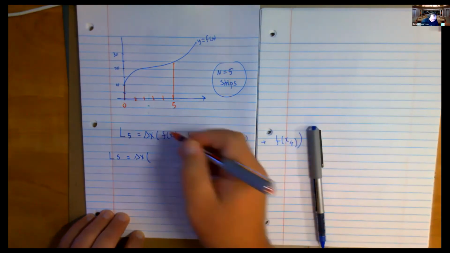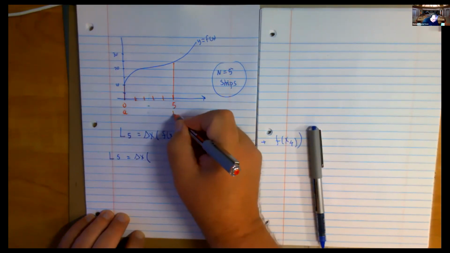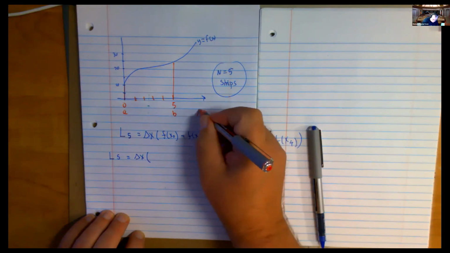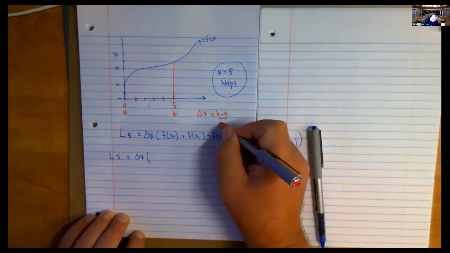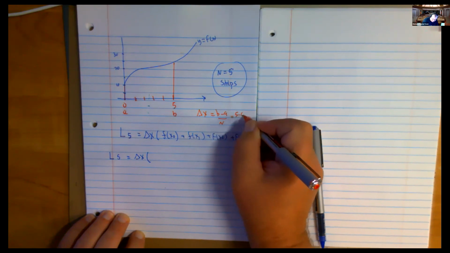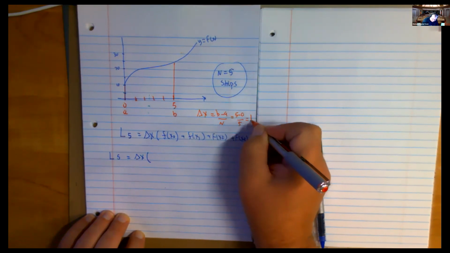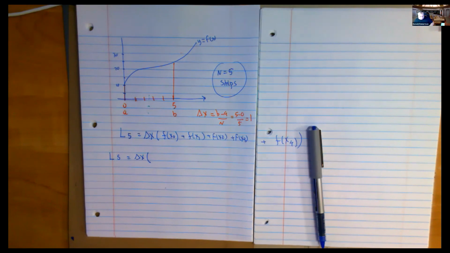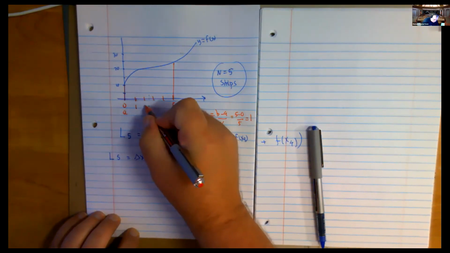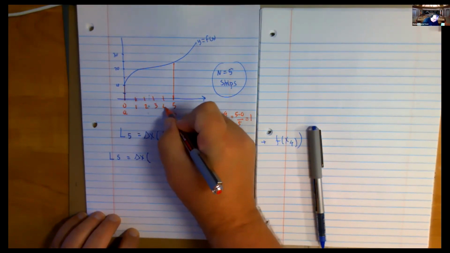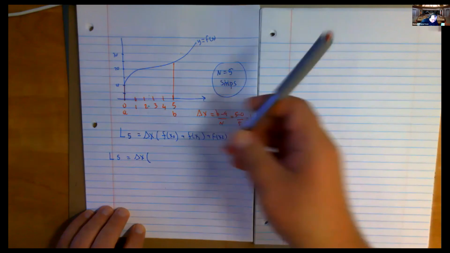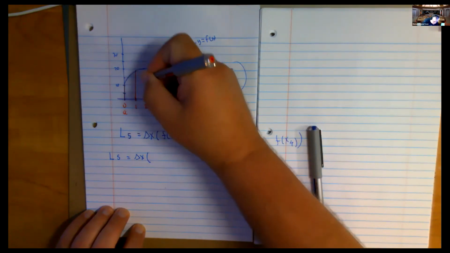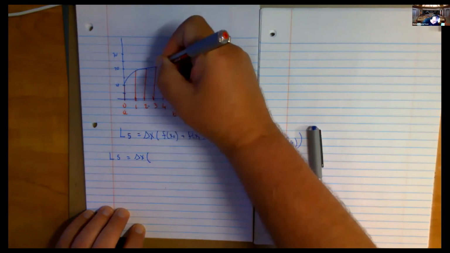Now, that's A, that's B. Won't delta x be B take away A divided by n? I've made my life easy. I've made delta x 1, which you could probably guess just by looking at the graph. Now for each one of these, there would be a strip.